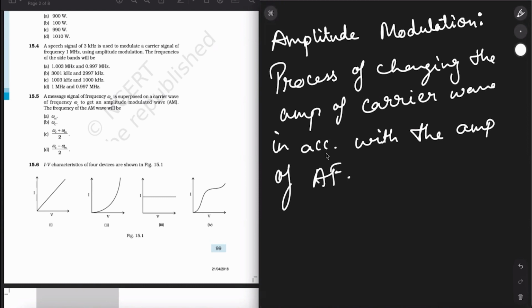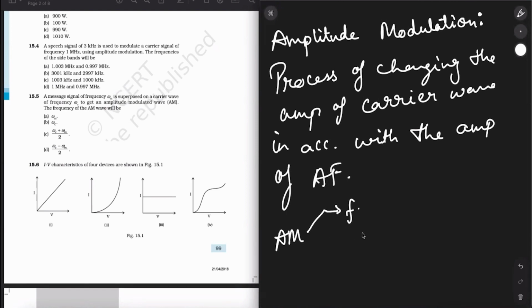Now, in amplitude modulation, the frequency of the carrier wave will remain unchanged. The frequency will not change, but what is this sideband frequency? This amplitude modulated wave will consist of 3 frequencies.